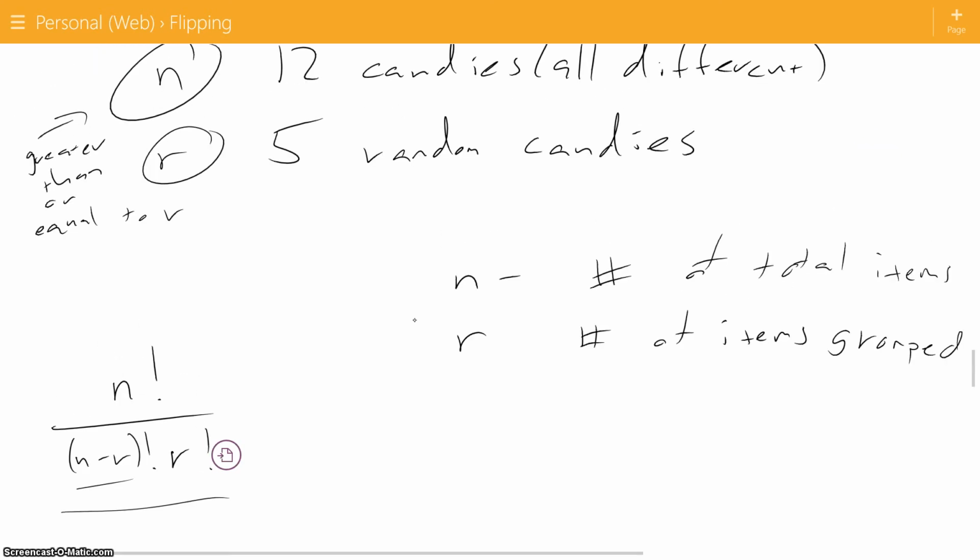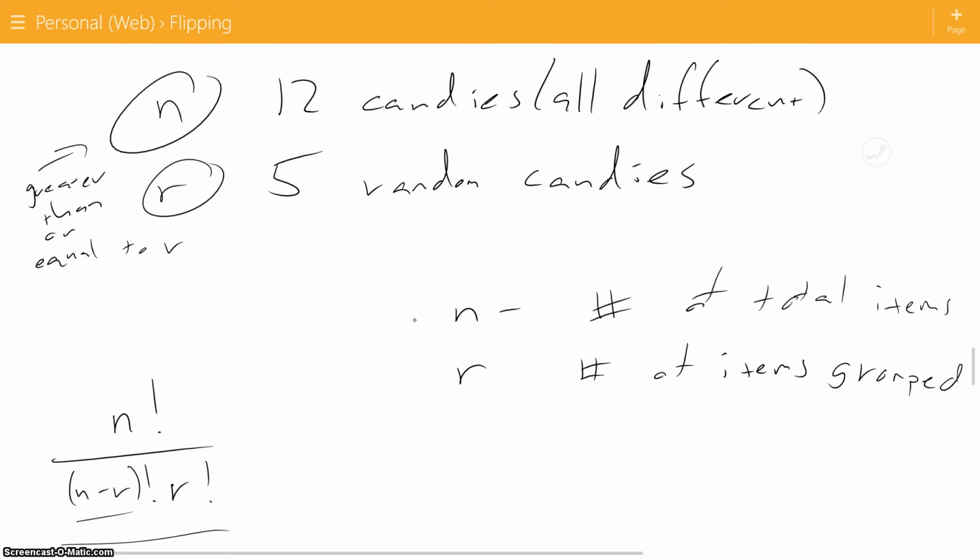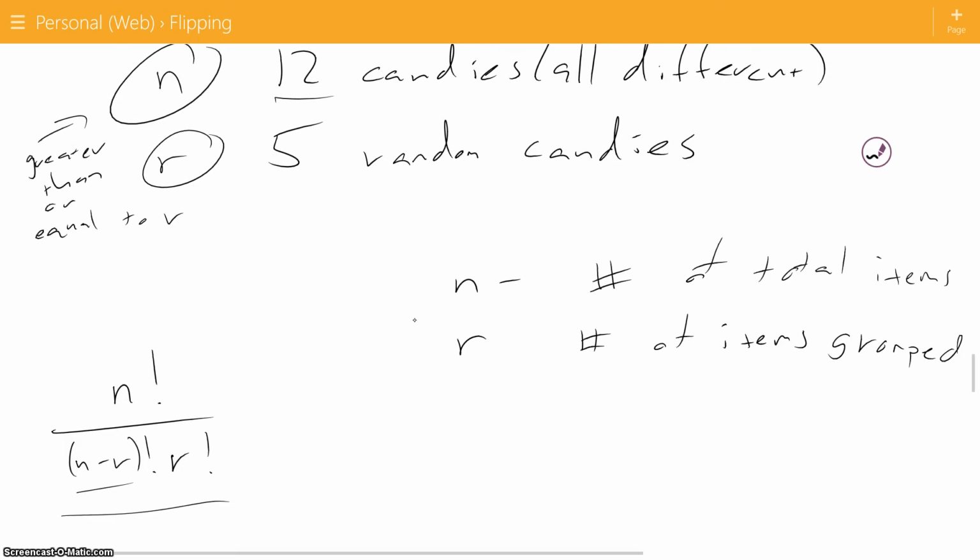So now that we've got our formula here, all we have to do is plug in. We said that our n is 12, so we're going to have 12 factorial over 5 is our r. So down here, this is just 12 minus 5 factorial times, we're just putting r in directly, that's 5 factorial.